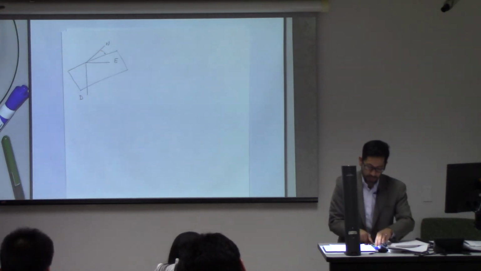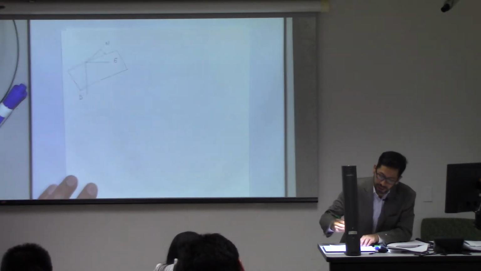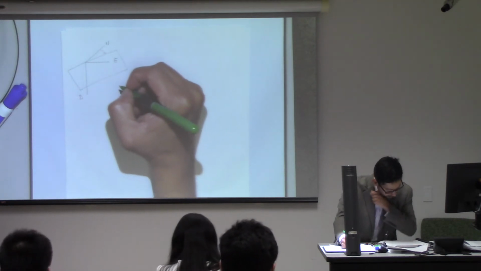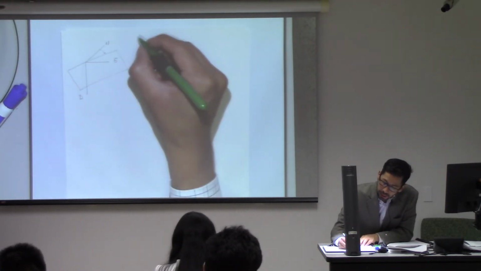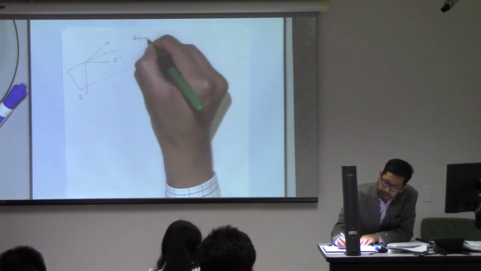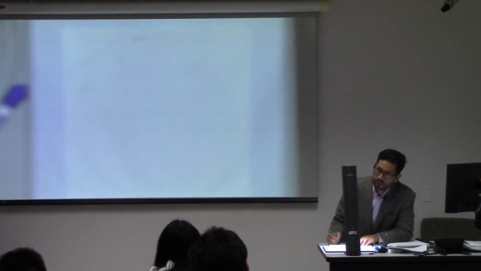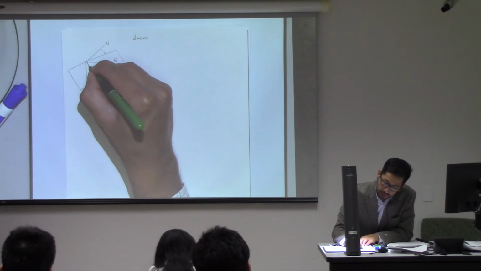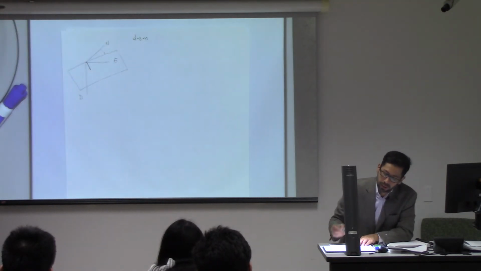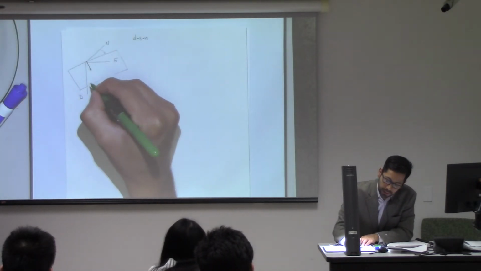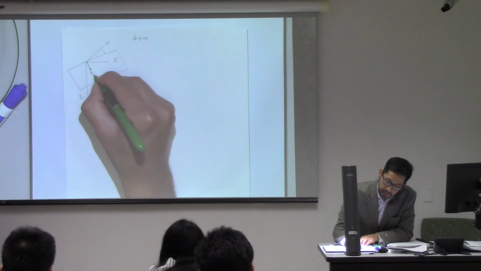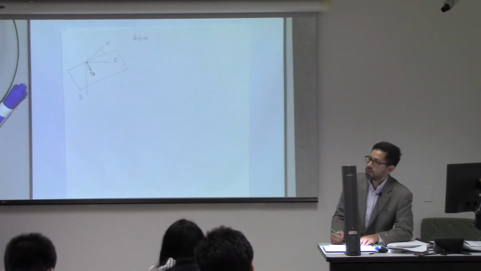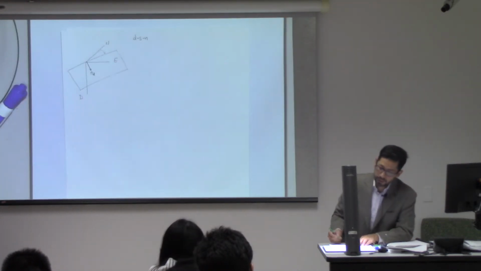Here also we're going to define three vectors. This is going to be the D, S, N coordinate system. The D is going to stand for a vector which is on the plane, called ND, and the D comes from dip.